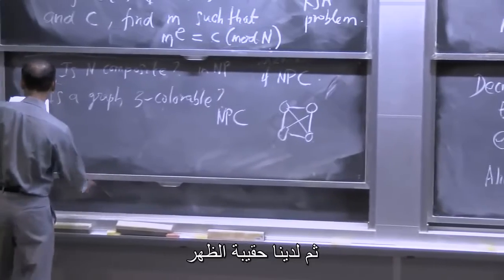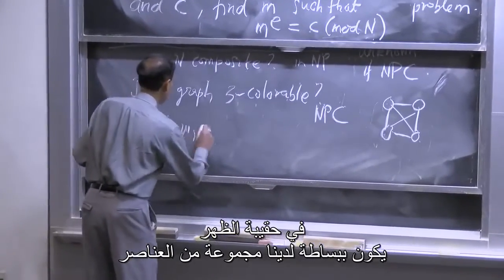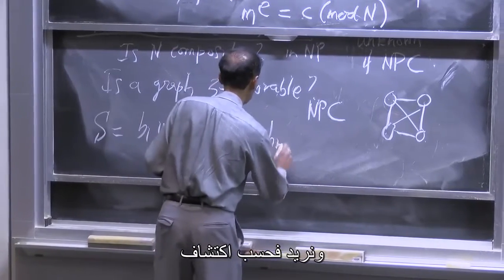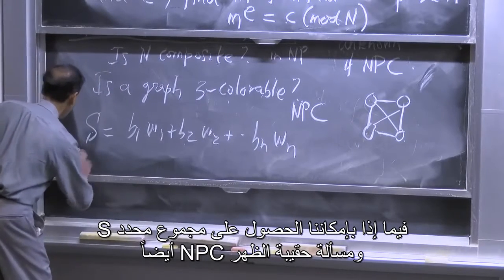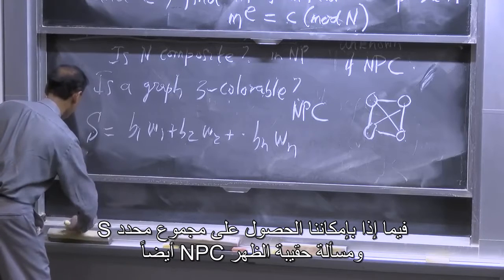And then we have knapsack, where knapsack is simply you got a bunch of items, and you just want to figure out whether you can get this particular sum S. Knapsack is NPC as well.